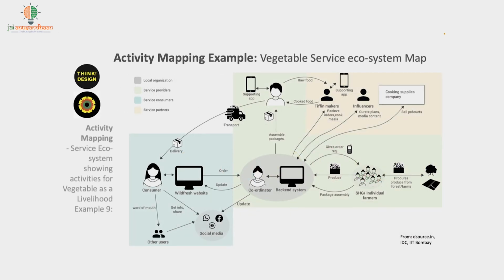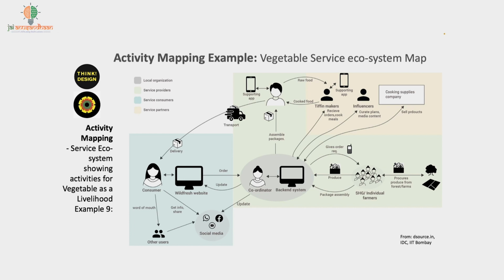This is another very nice example of a vegetable service ecosystem. If you look at the right side bottom, you can see the vegetables are grown by the farmers, and this is inputted into the system. Once it's inputted into the system, it can be bought by a consumer. It can be ordered through the mobile or the computer, and then it can be transported to places where, for example, somebody is making food at a restaurant.